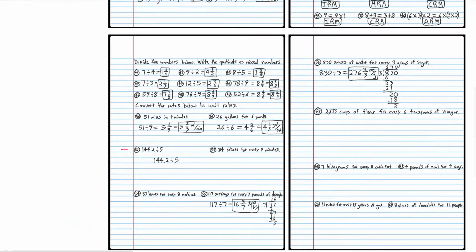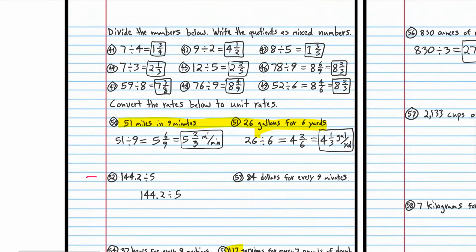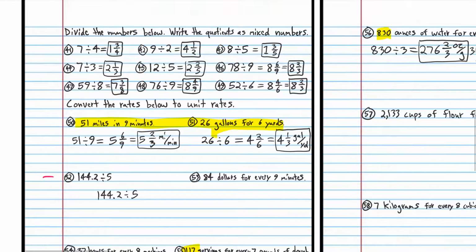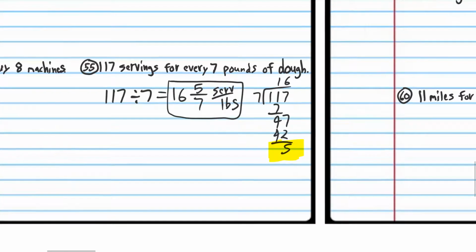And so, again, we're doing the same thing we did up here. The only difference is the division is much more complicated because we had bigger numbers like 117 and 830. So we had to use the long division algorithm. And the remainder ended up being down here, you see. After there were no more numbers, the remainder is here.